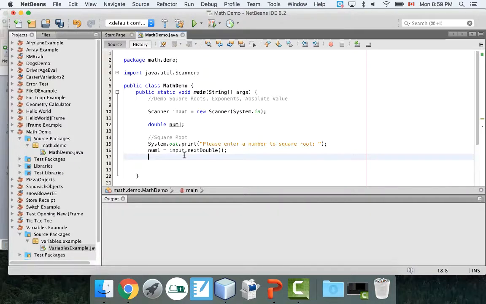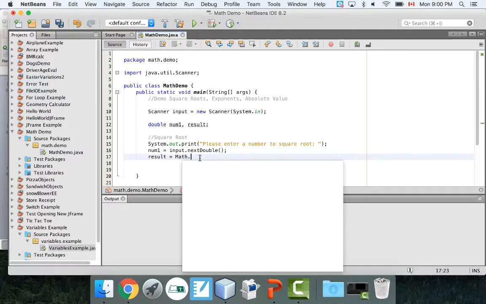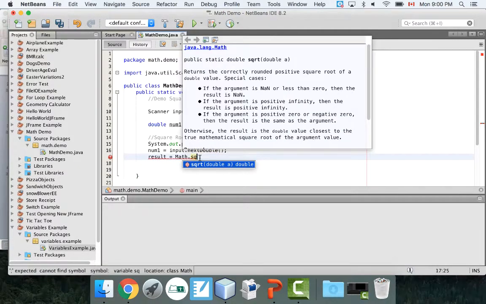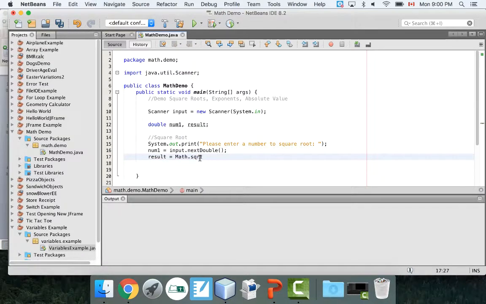Now to print the result, here's what I can do. Let's create another variable called result. Result equals, now to square root it, what I'm going to do is go Math, the capital M, dot sqrt. And what am I going to square root? num1.